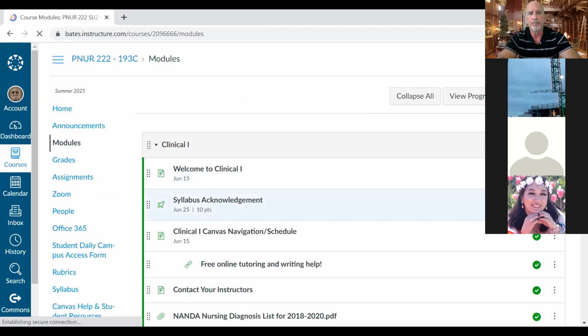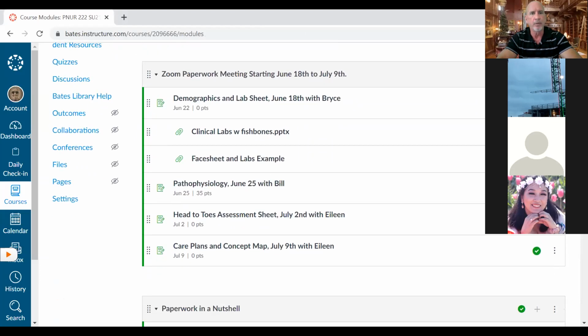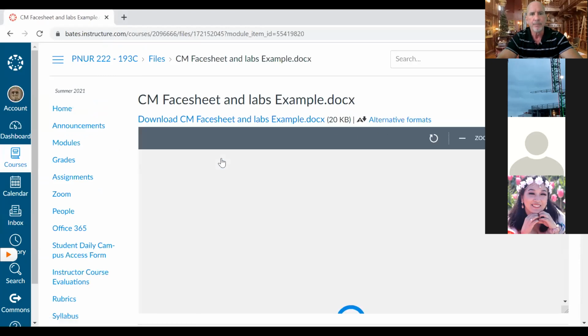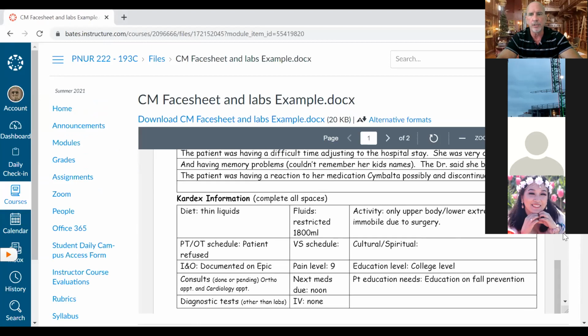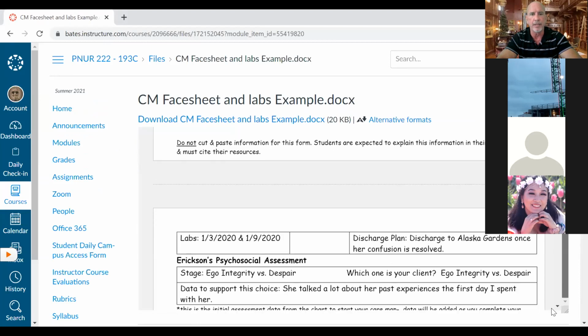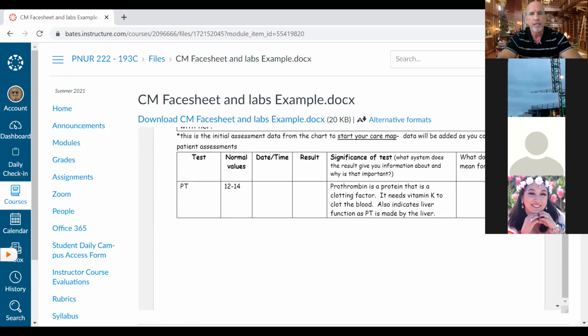If we go down right here where I put face sheet and labs example, I'm going to bring that up again. Below the example I just showed you for the face sheet is a lab example. Now, I cut off the rest of the sheet because I'm only going to give you one example. You guys have to fill out all the rest of them. I'll go back and show you that here in a minute. But I wanted to give you an example.